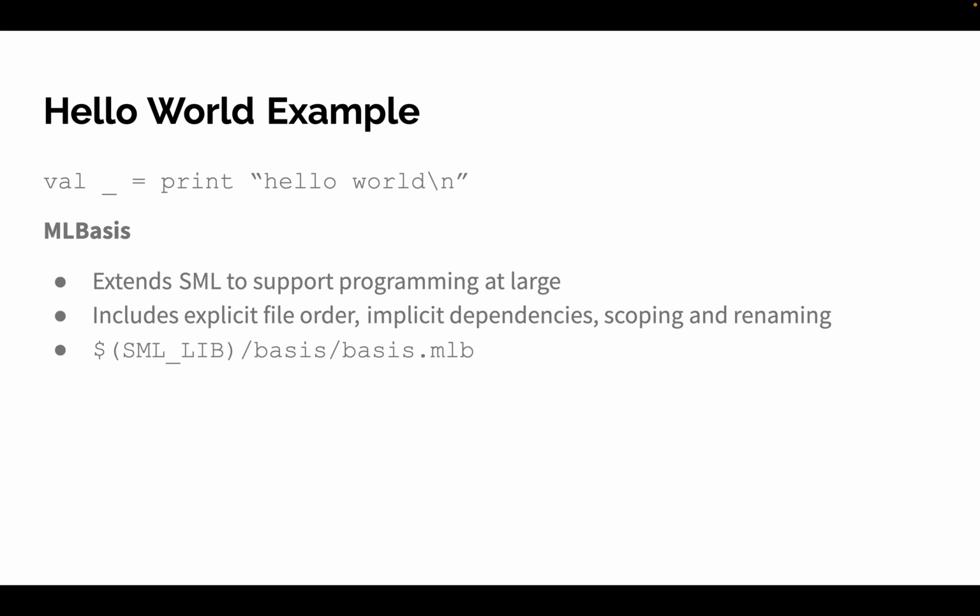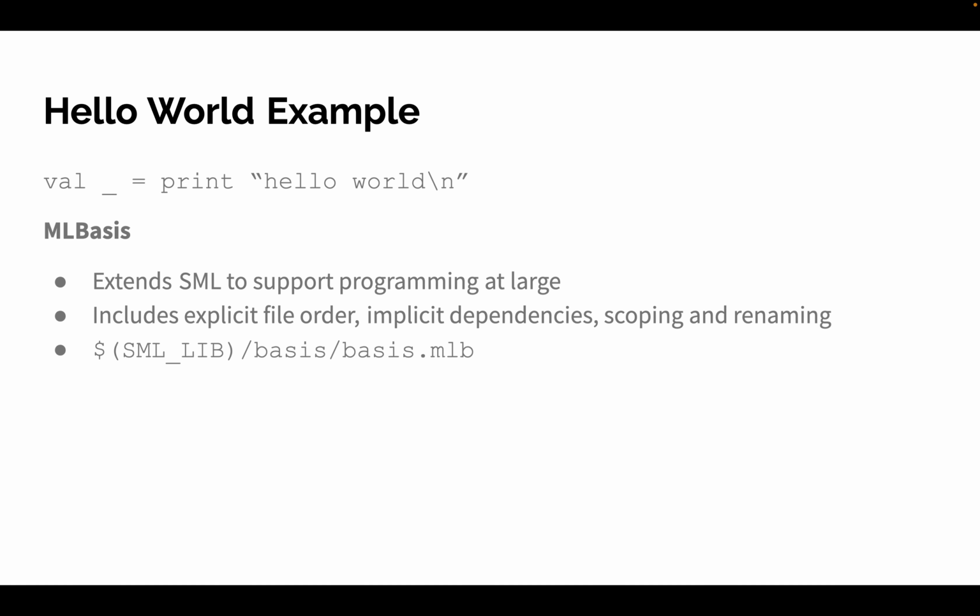Typically, when we run a single SML file, we don't need to specify the dependencies because it's implicit. But when we're using the MLB files, we need to specify what the dependencies are, so everything is known when we're creating these files.